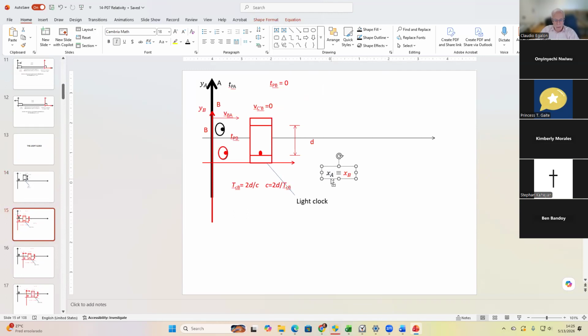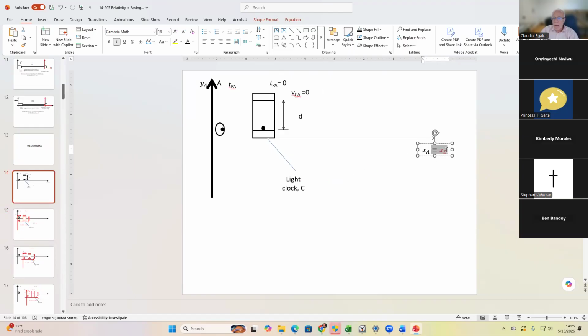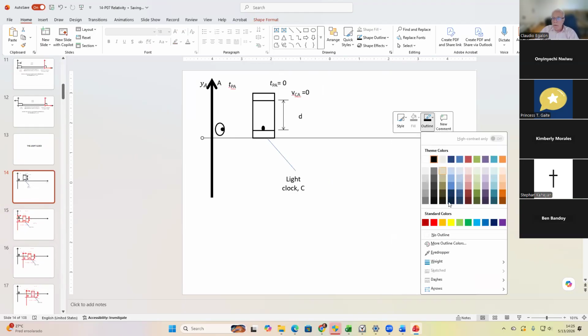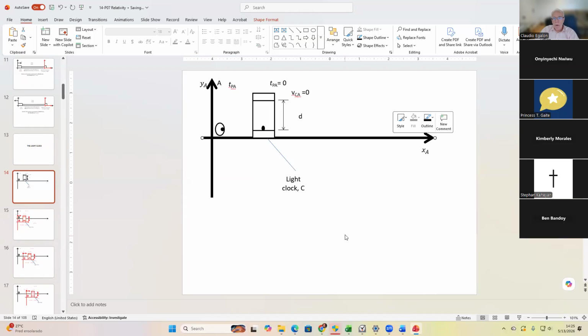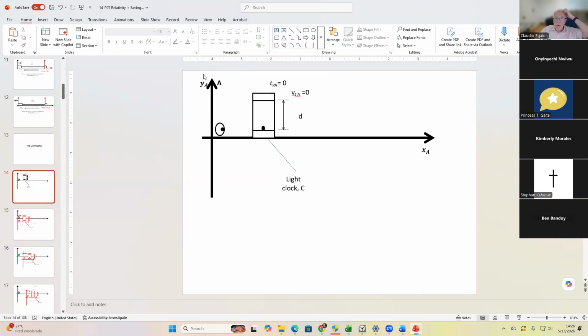Here goes the x-axis of referential A. I'm going to make it a little bit thicker and bold-faced so it can look nicer. Bold-faced, referential A. Instant of time 0.